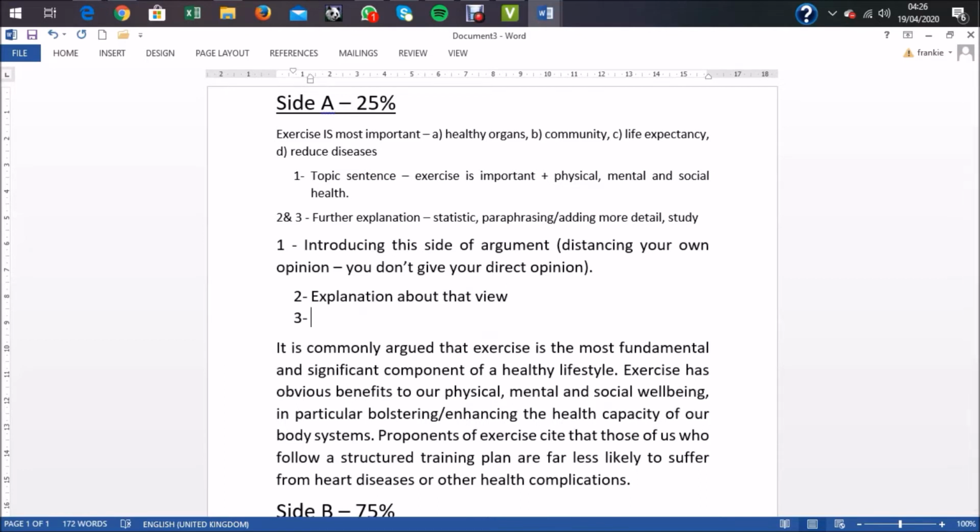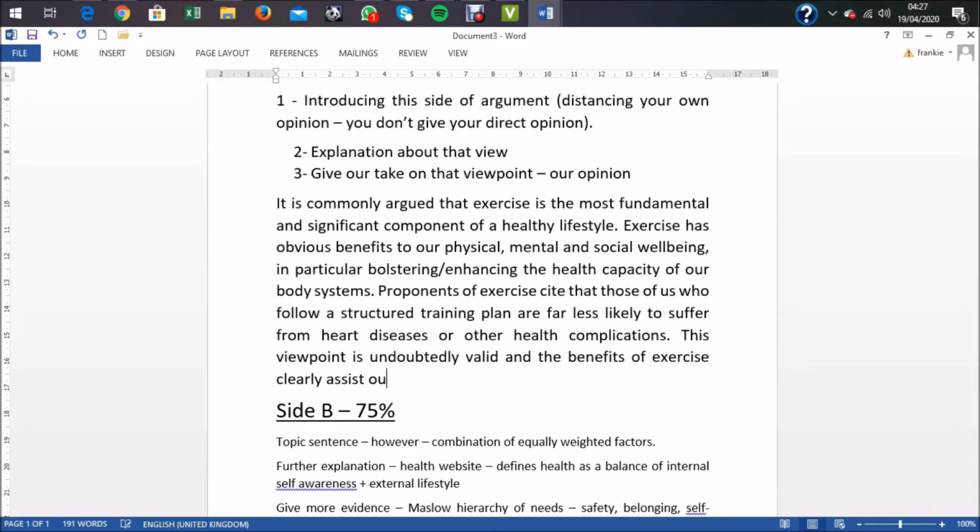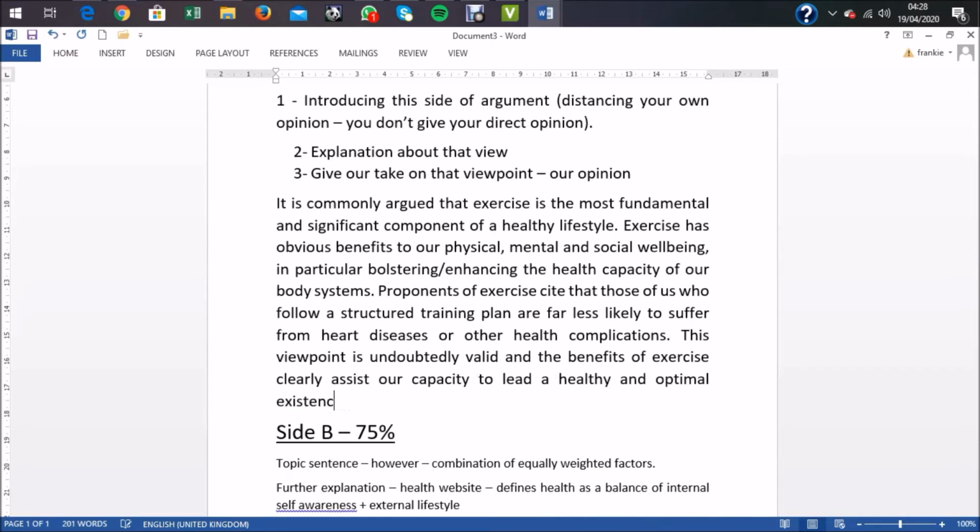And then we give our take on that viewpoint. So we offer our opinion. This viewpoint is undoubtedly valid, and the benefits of exercise clearly assist our capacity to lead a healthy and optimal existence.